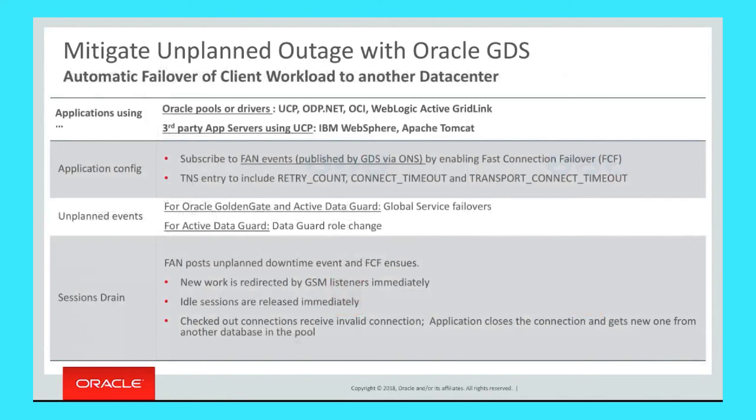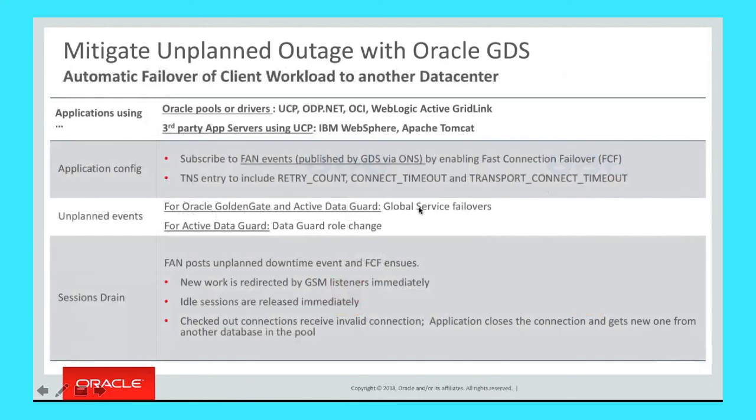Whether it's service failover or runtime load balancing, your application connection pools receive real-time notifications. And then the TNS entry, as I said before, you should follow all the MAA best practices: the retry count, connect timeout, transport connect timeout, so that you quickly fail over if a GSM is down to another GSM.